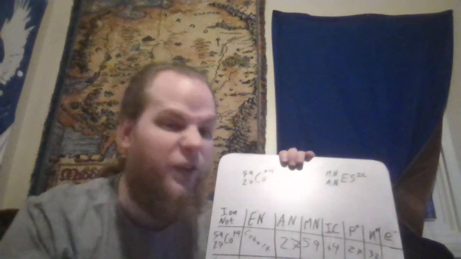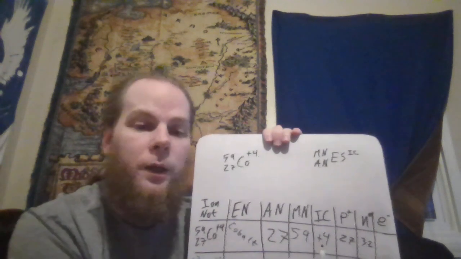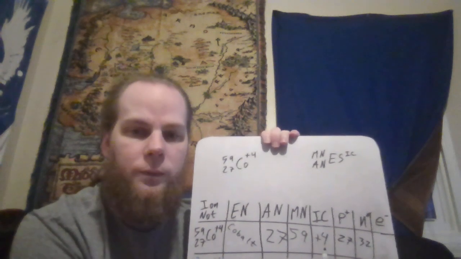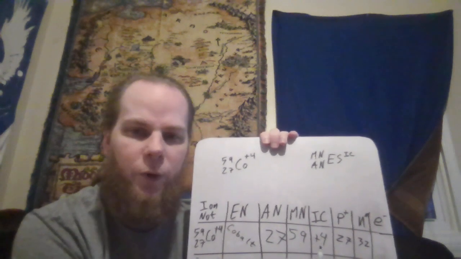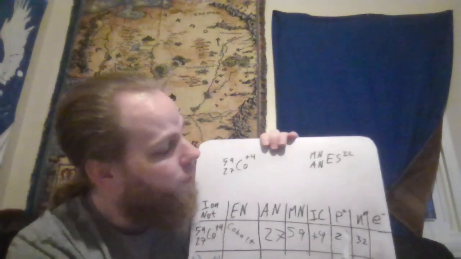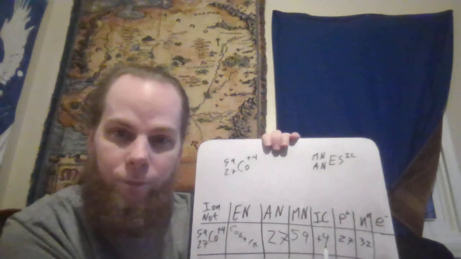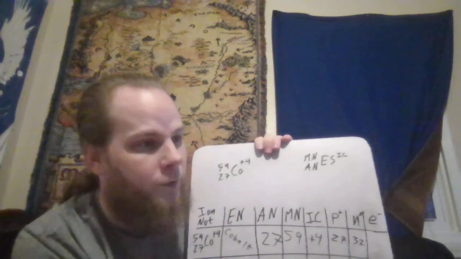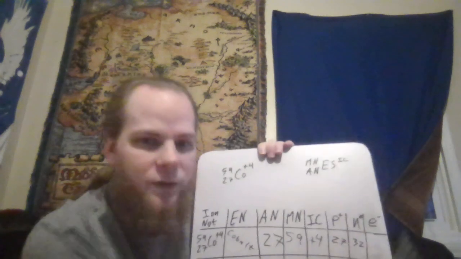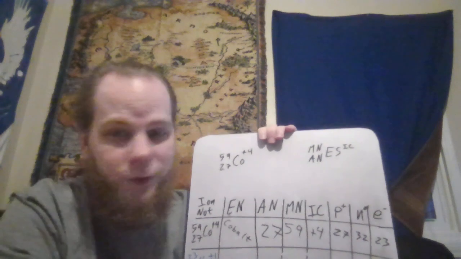Or, because negatives are a pain, you can say my ionic charge is plus 4. Based on the fact that it is positive, what do I have to have more of? If it's positive, you must have more protons. How many more? 4. So there are 4 more protons than electrons. What is 4 less than 27? Well, 23. And that's pretty much all there is to it.